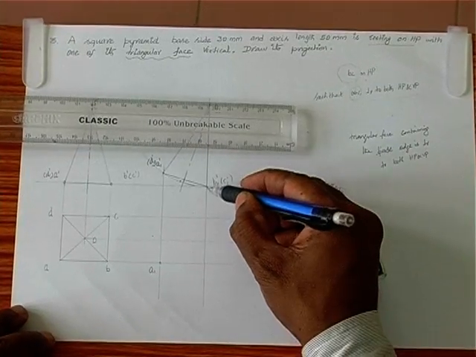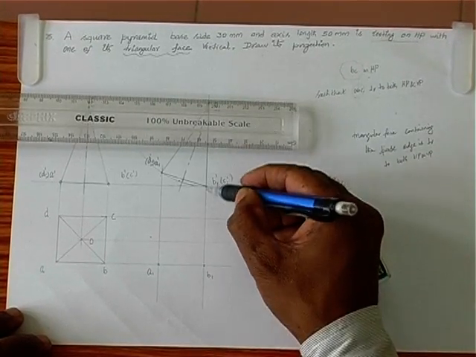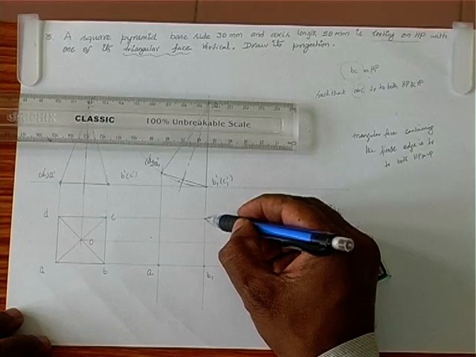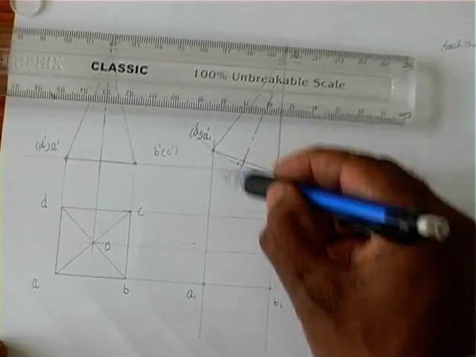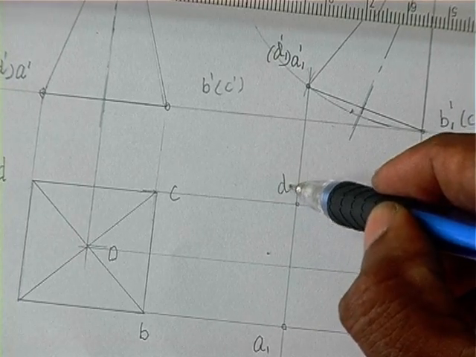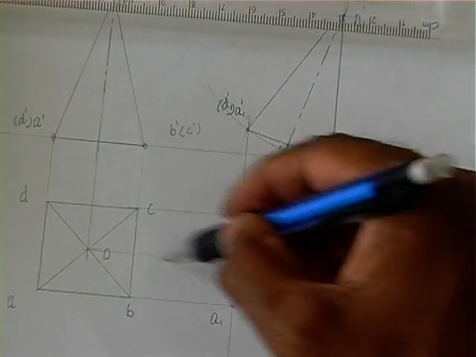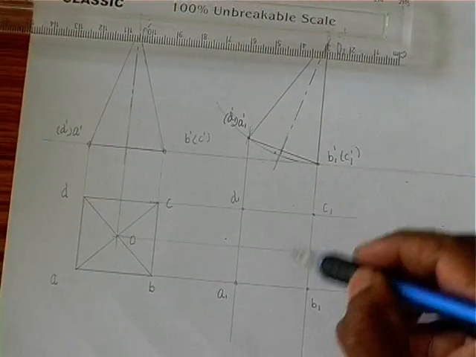B horizontal and B vertical, we get B1. C vertical and C horizontal, we get C1. D vertical and D horizontal, we get D1. O vertical and O horizontal gives O1.